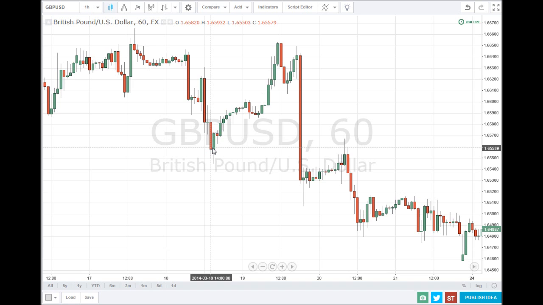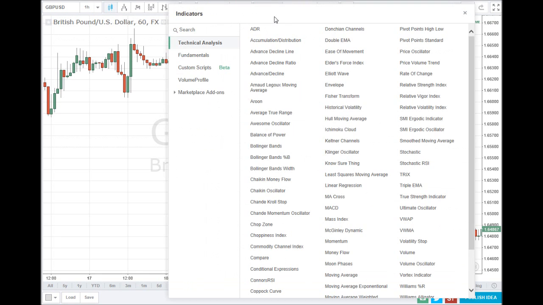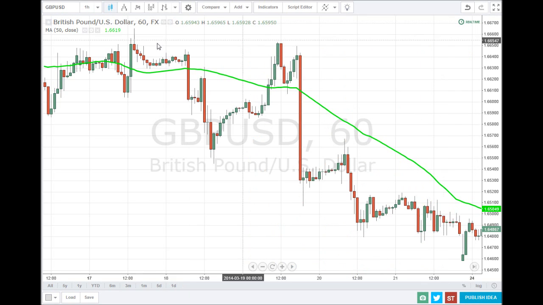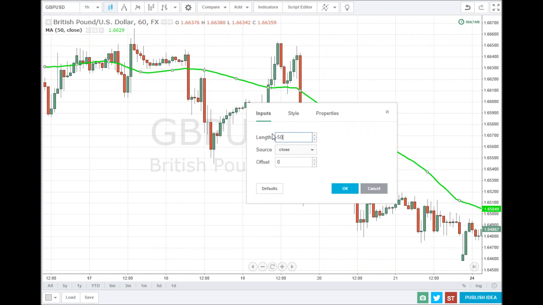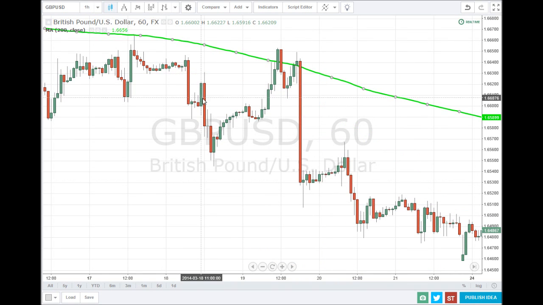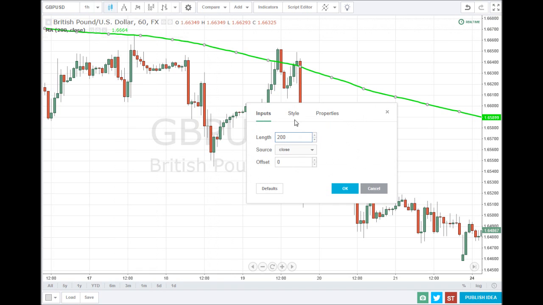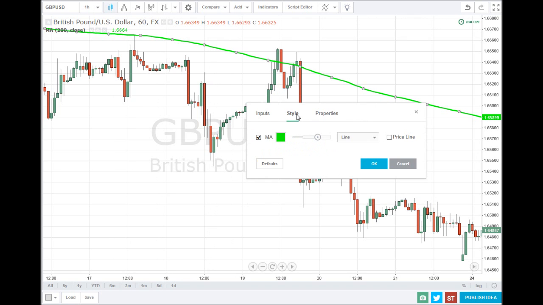First of all, let's add a moving average to the chart. A moving average of 200. It's currently at 50. Let's make that 200. And let's make that red. I prefer my moving averages to be red.